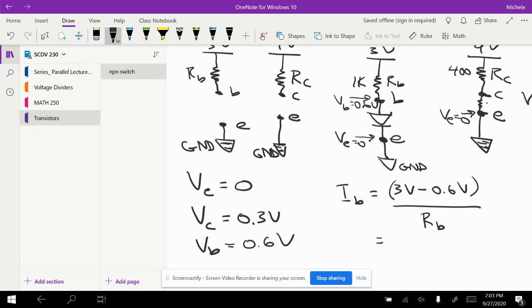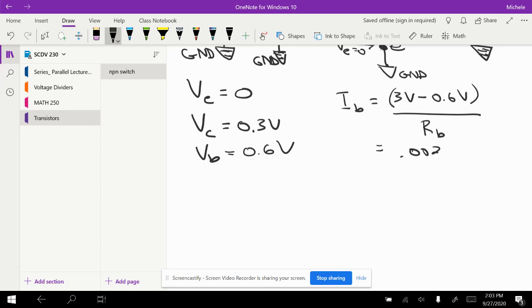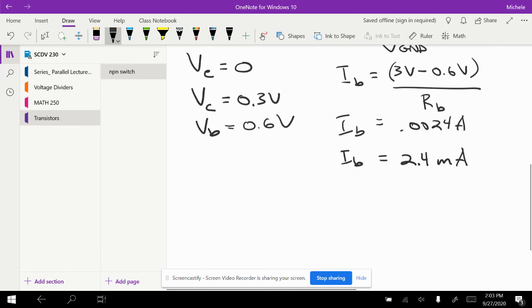I get 0.0024 amps, or IB is equal to 2.4 milliamps. So you have to look and see what is asked for there.